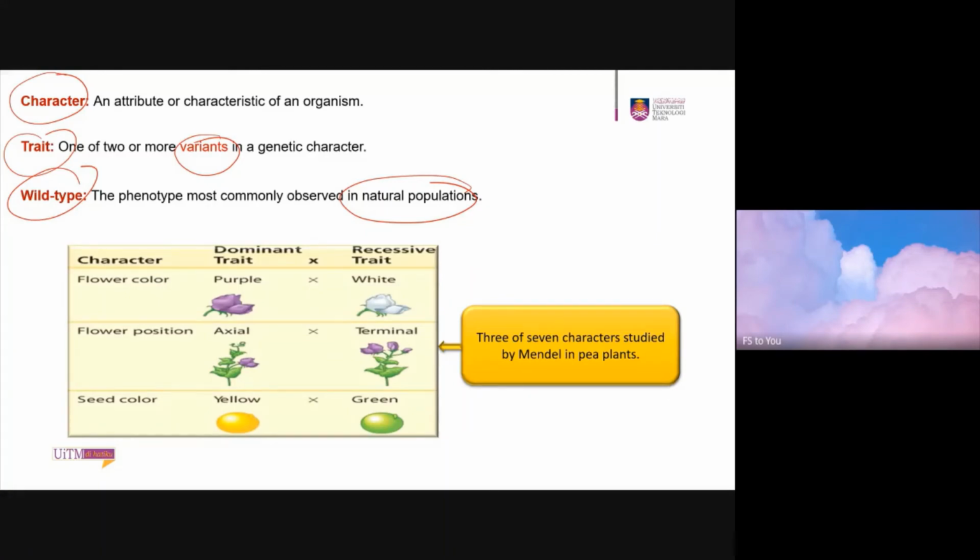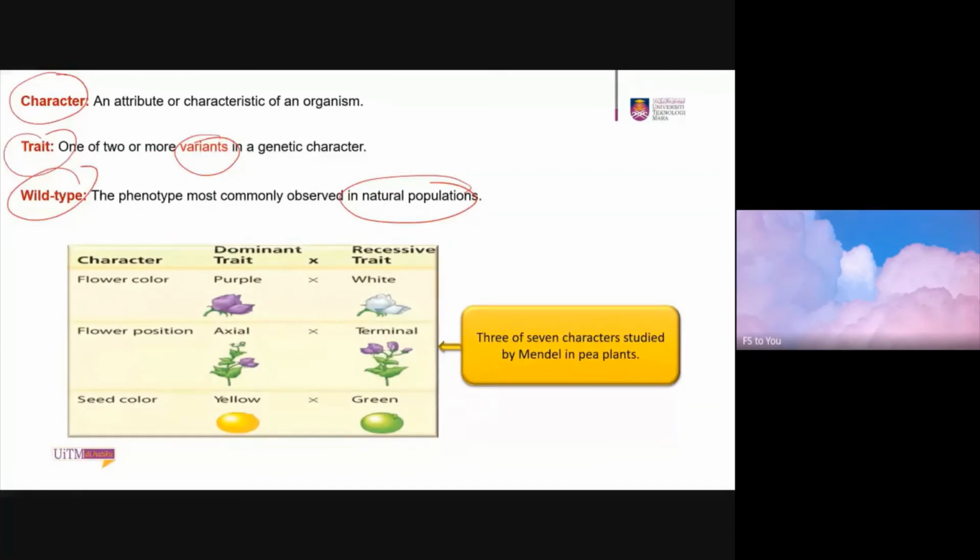So maybe yang original kita dulu daripada kita punya ancestors, maybe daripada orang asli contohnya, kan? So dia dah migrate, dia dah berjalan, dia dah mengalami mutation, dia exposed to different factors, kan? So dia akan menghasilkan alleles, different variations of allele that produces different new traits.